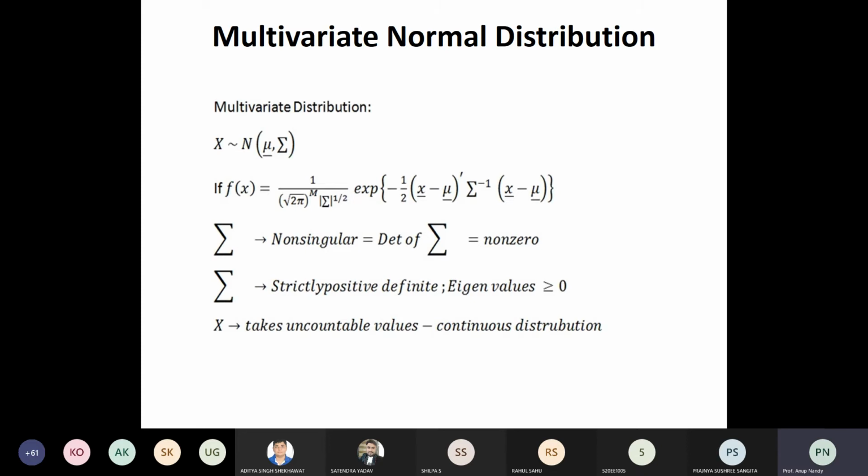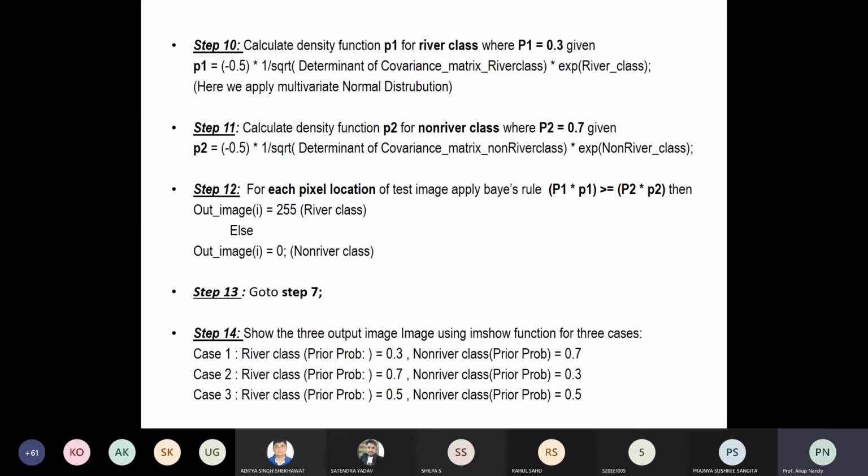It needs to be a non-singular matrix, because if your variance covariance matrix is singular, then you cannot compute the inverse. If you write code for computing the inverse yourself, it will be difficult, so you can use the inbuilt function.